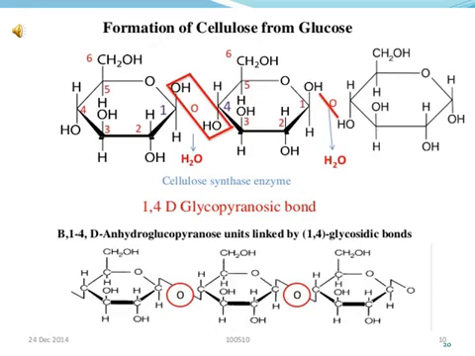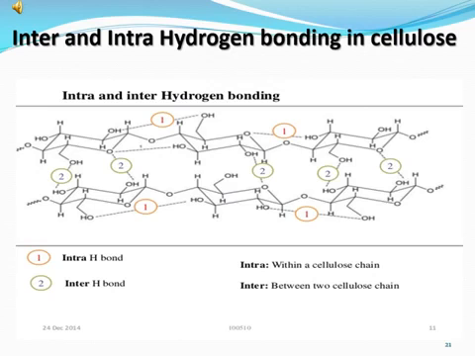Formation of cellulose from glucose. In cellulose, two molecules of glucose are joined to form a 1,4-D-glycopyranosidic bond, and a water molecule is released, as shown in this slide. Inter and intra-hydrogen bonding in cellulose.